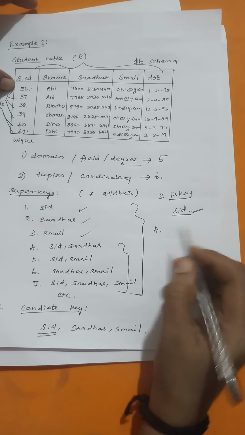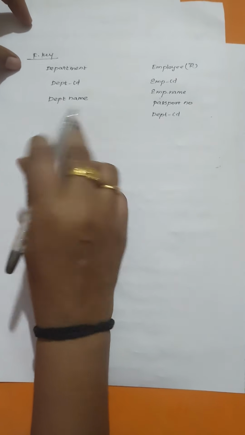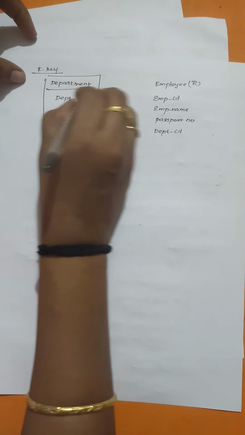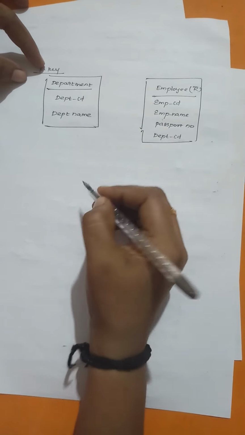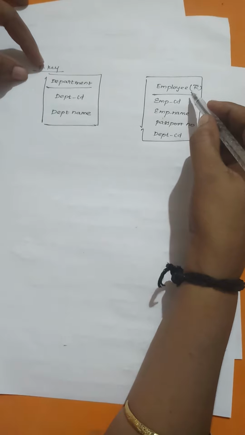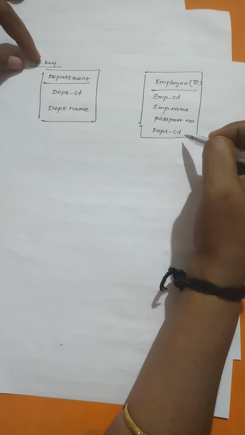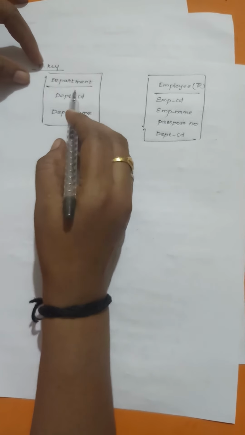Next key is foreign key. In the foreign key, there is a connection between the 2 tables. So let us consider table 1, department. Another table or relation, the table name is employee. Here employee has some attributes: employee ID, employee name, passport number and department ID. Here department is another relation, another table.